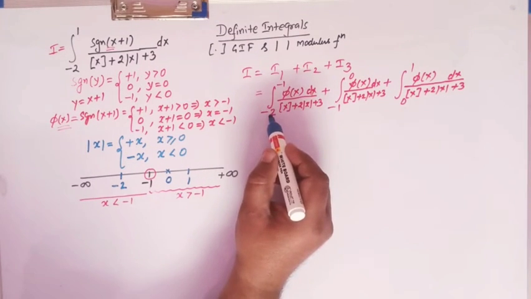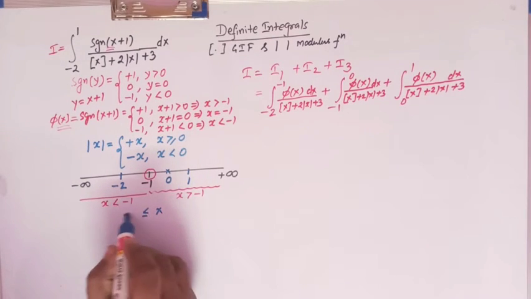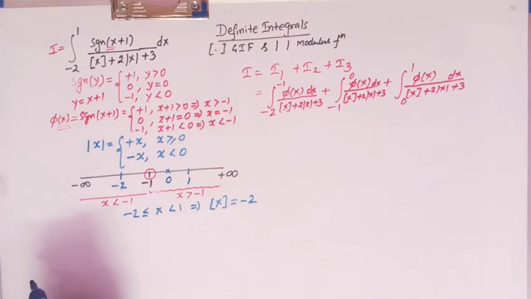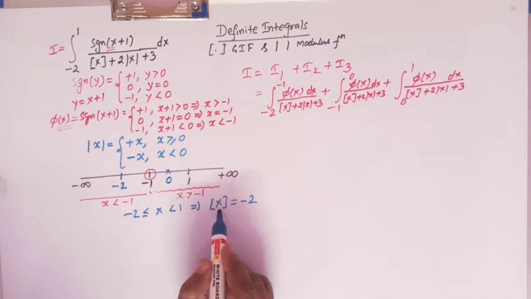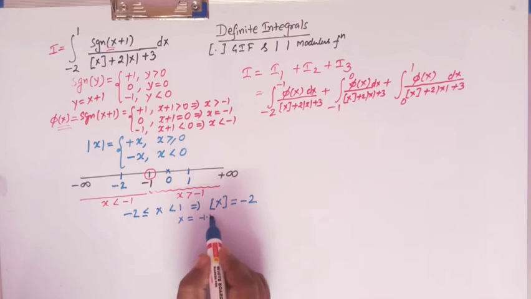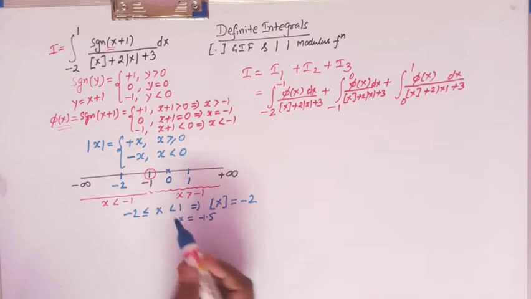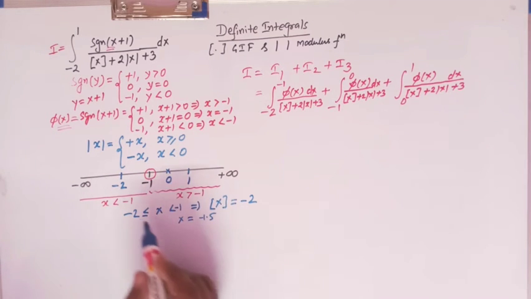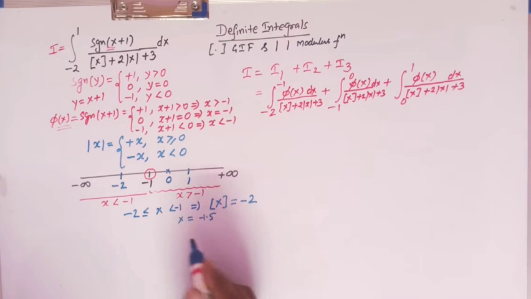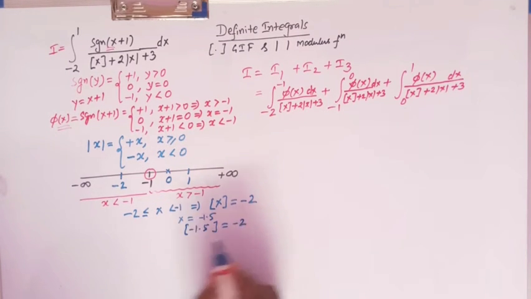Whenever x lies between -2 and 1, the value of greatest integer x depends on the subinterval, due to the definition of the greatest integer function. We can verify it: if I take x equal to -1.5, which lies between -2 and -1, then the greatest integer of -1.5 is the greatest integer less than or equal to -1.5, so the value is -2.